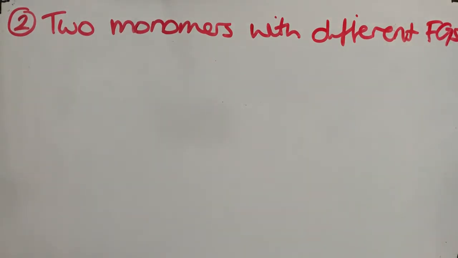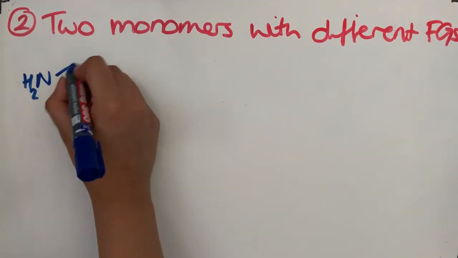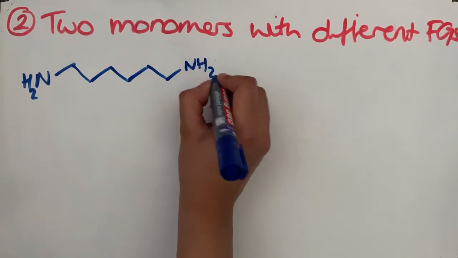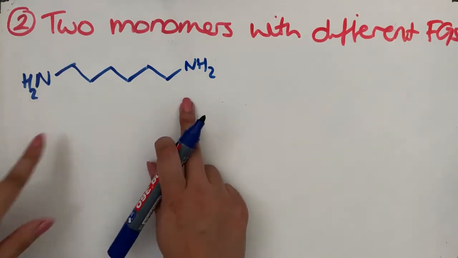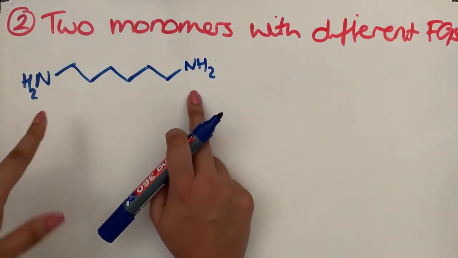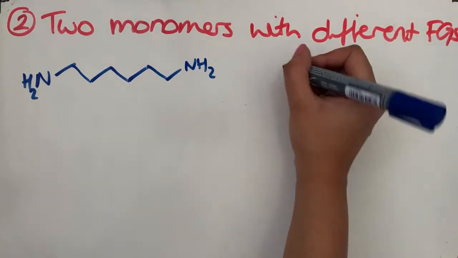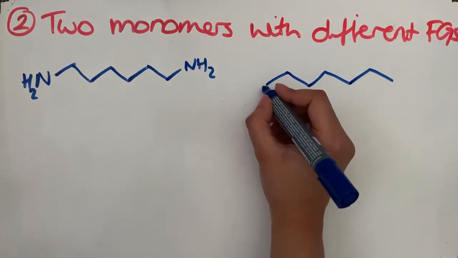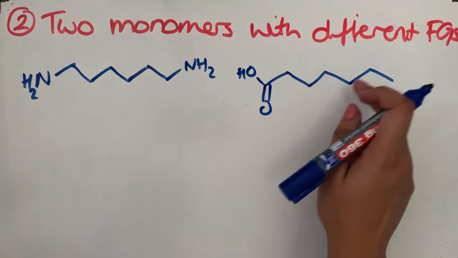Okay, so I am just going to go for this example. 1, 2, 3, 6. And so you've got this one monomer has amines at either end, and so that means your other monomer needs to have carboxylic acids at each end. 1, 2, 3, 4, 5, 6.